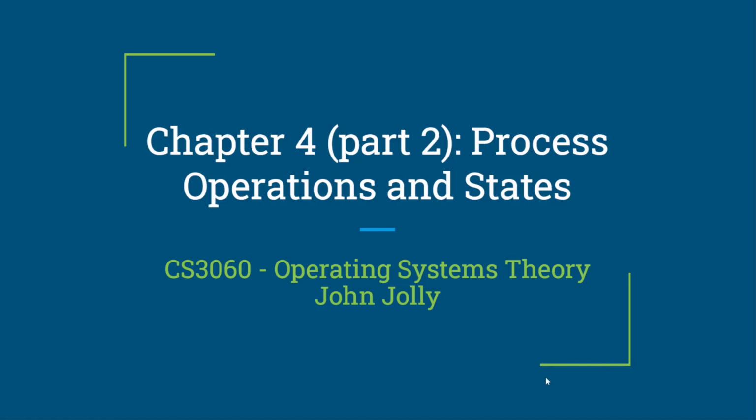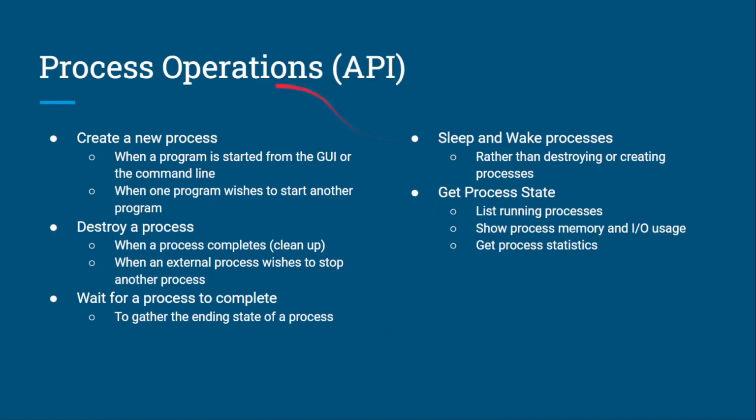Let's continue. In this particular video, we talk about process operations, or the application programmer interface that is used to control processes. There are three main APIs that we will use and several other supporting APIs. The first one is to create a new process.